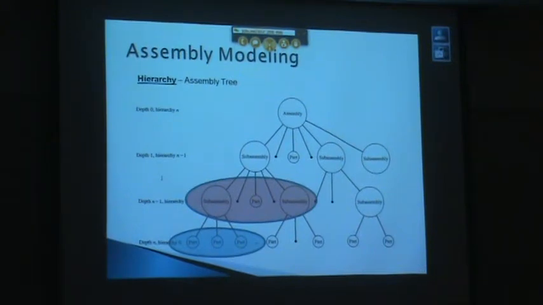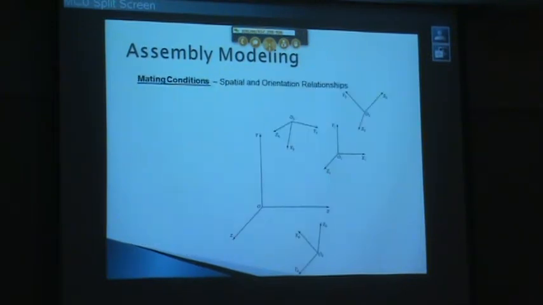And so you need to be thinking about, how do I design this assembly of parts? The mating condition. Will we be turning in something like a hierarchical tree, an assembly hierarchical tree?